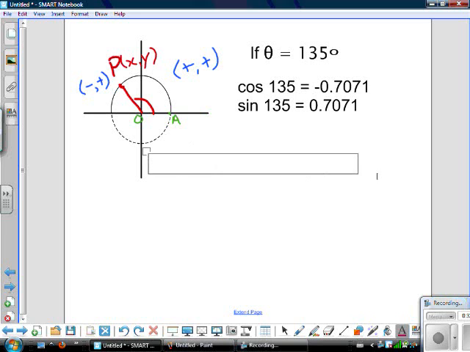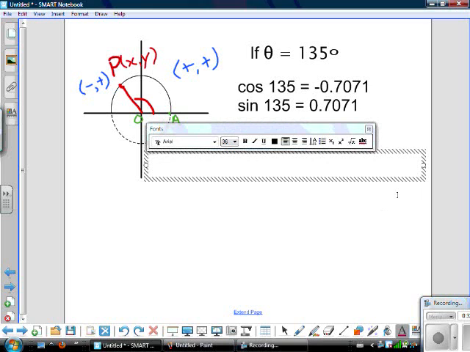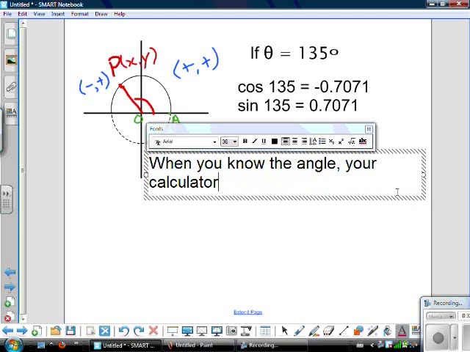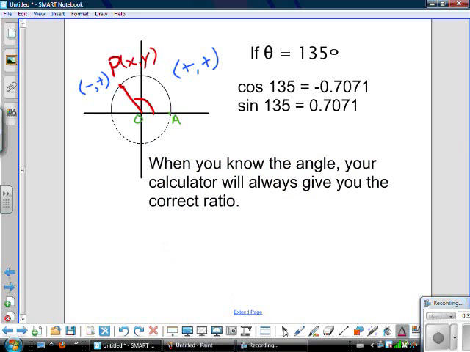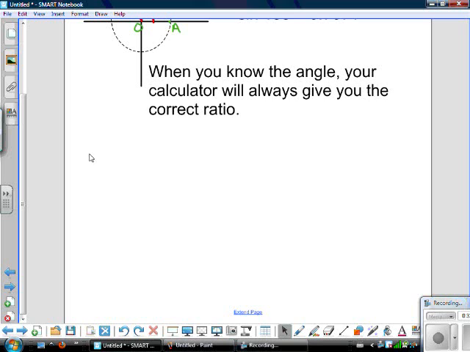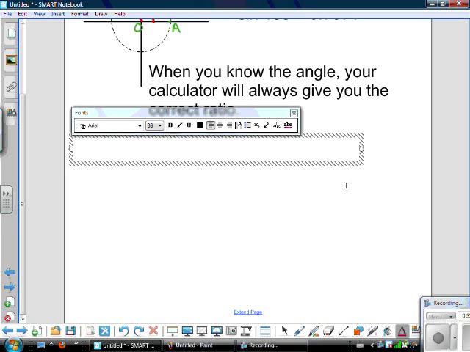Okay, so when you know the angle, your calculator will always give you the correct ratio. But the converse isn't true. So let's take a look at finding an angle. So you might want to just make a subtitle so that you can go look back at this.